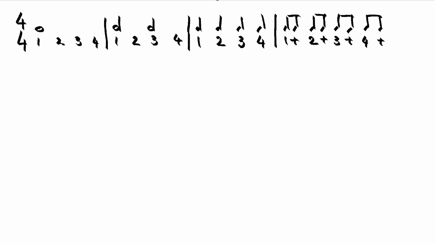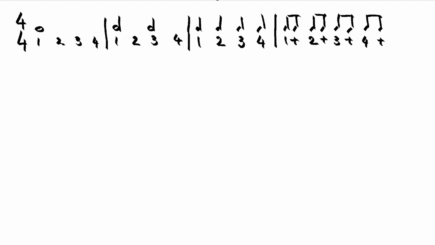Now, you can of course mix and match to complete the bars. And this is going to be the subject of our next exercise. These exercises vary in time signature, so the total number of beats will vary.